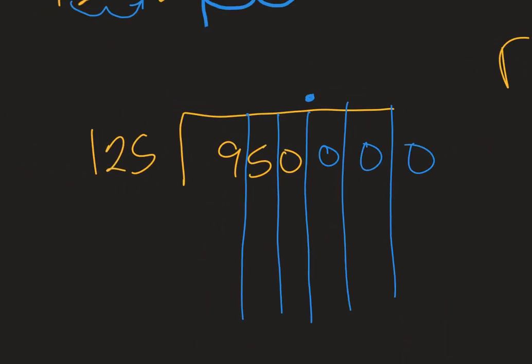How many times can we multiply 125 to get 9? None. How many times can we multiply 125 to get 95? None. How many times can we multiply 125 to get 950? Well, I don't know, but I'm going to try this. If I just multiply that by 5, I get 25. Carry the 2. 5 times 2 is 10. Bring down that 2, carry the 1. 5 times 1 is 5. 625.